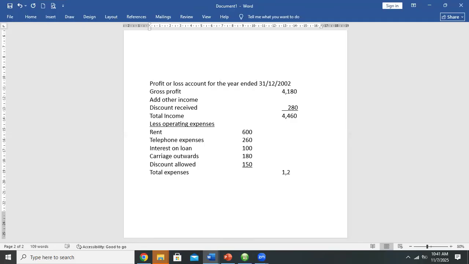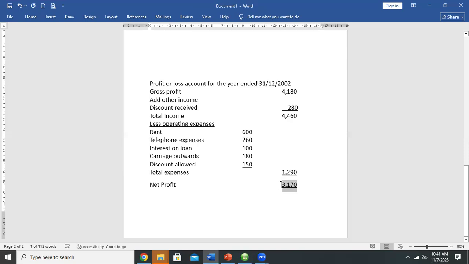Yes. Okay. So when we subtract, what we are going to get will be a net profit. It's a net profit because the total income is more than the total expenses. So what will be the net profit? How much? 3,170. Okay, awesome. And that is it, professors.